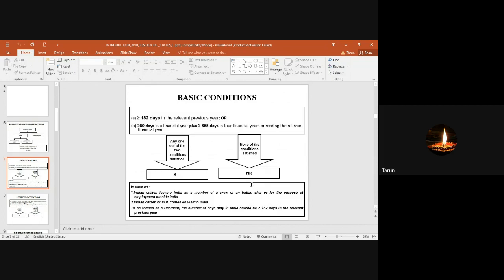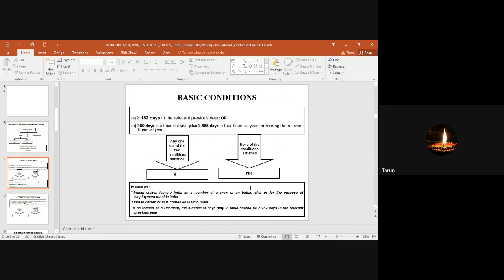Or if the individual satisfies the second condition, that is, if a particular individual spends more than 60 days in a financial year plus more than 365 days in 4 financial years preceding the relevant financial year, that means he also becomes a resident of India.